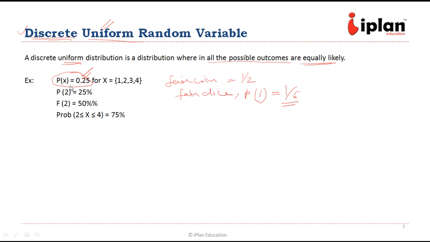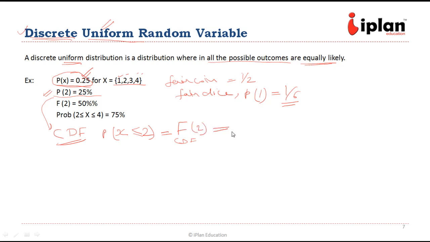In this example, the probability function says the probability is 0.25 for x equal to these 4 values. So the probability for x having a value of 2 is 25%. If we want to convert this into a cumulative distribution function and know the probability of x having a value less than or equal to 2, this is how we denote it.